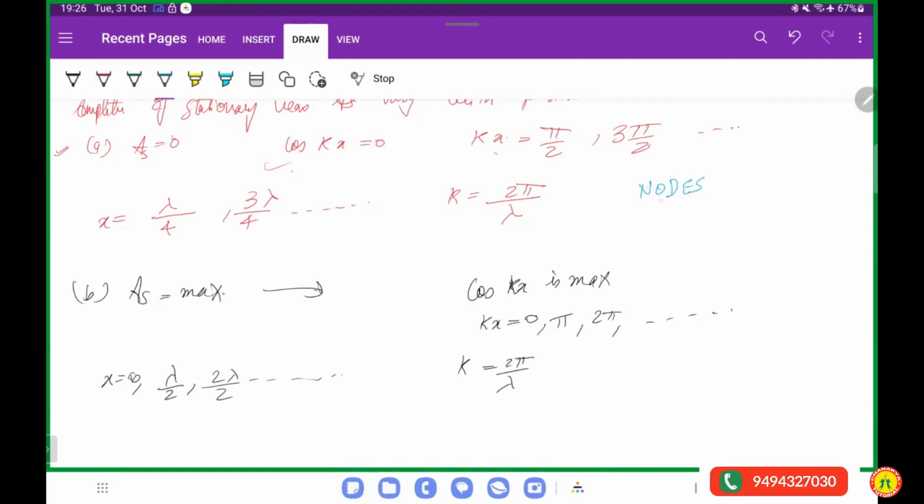These points are called nodes, where the amplitude is minimum. And here it is called an antinode.